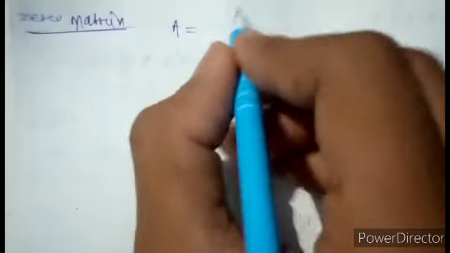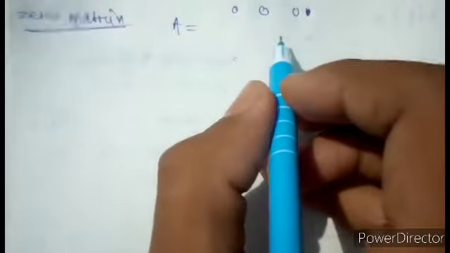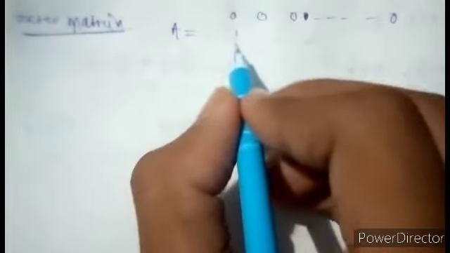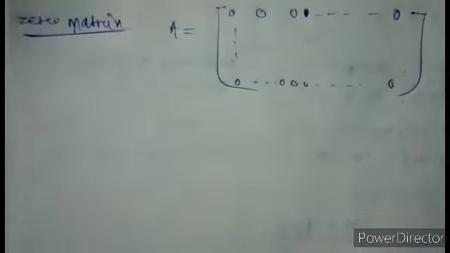Then come to zero matrix. What is called zero matrix? If all the entries are 0, whether we consider a 3 cross 3 order or m number of rows and n number of columns, if all the terms are 0, this is called zero matrix.